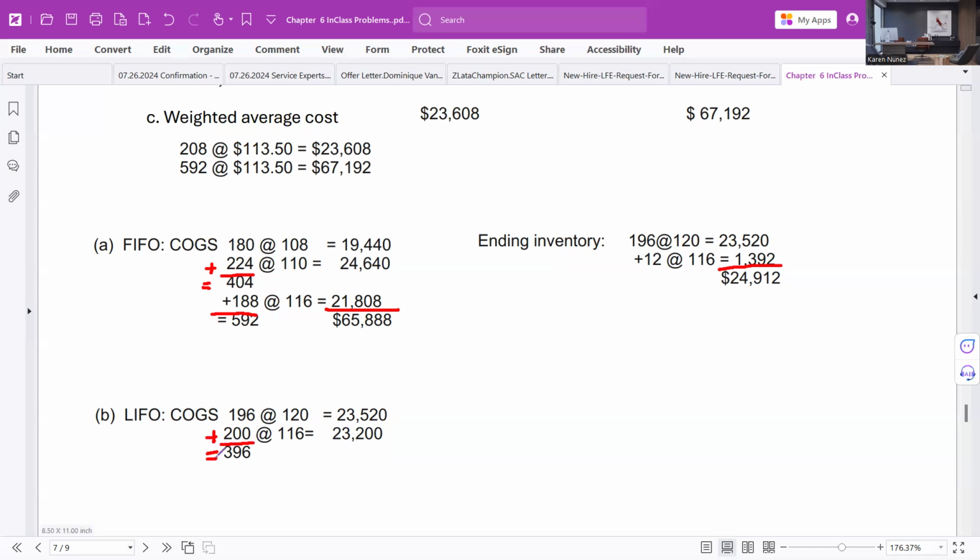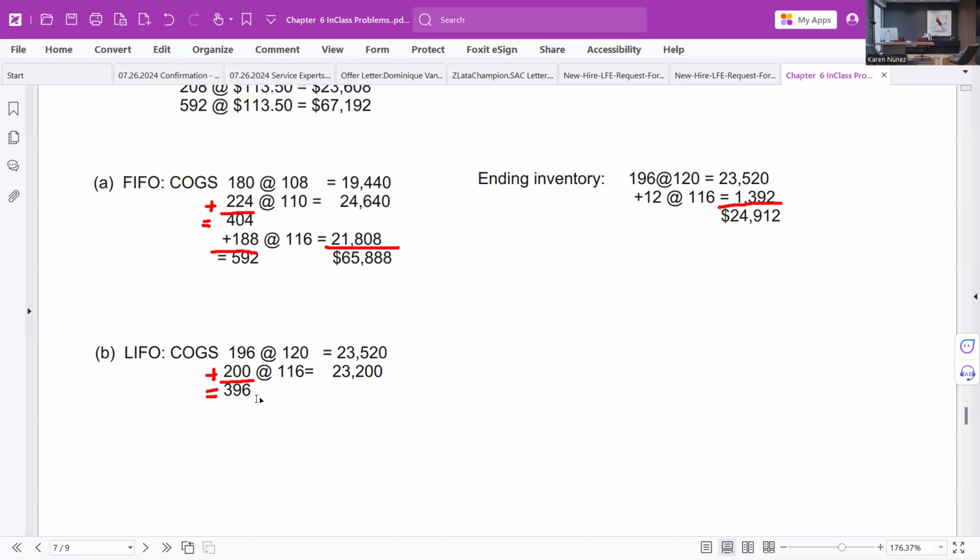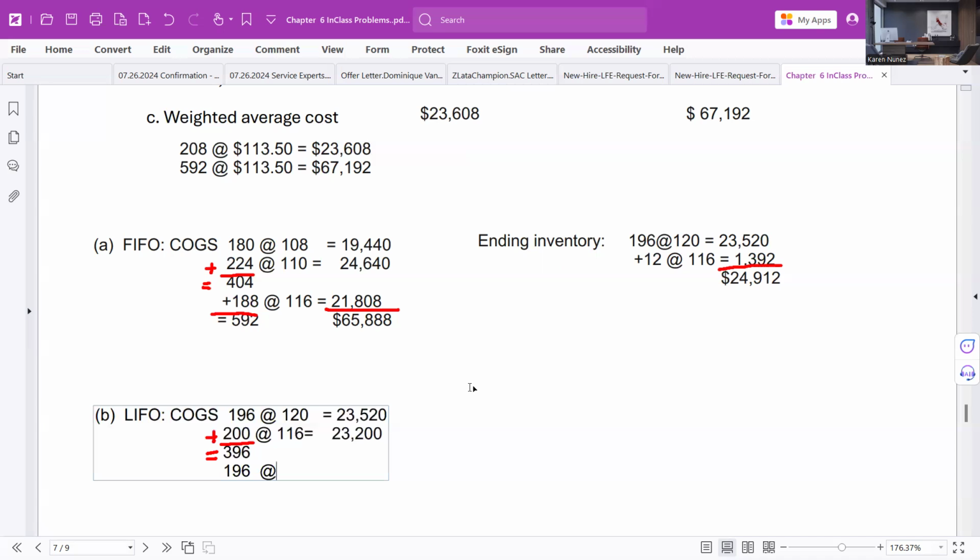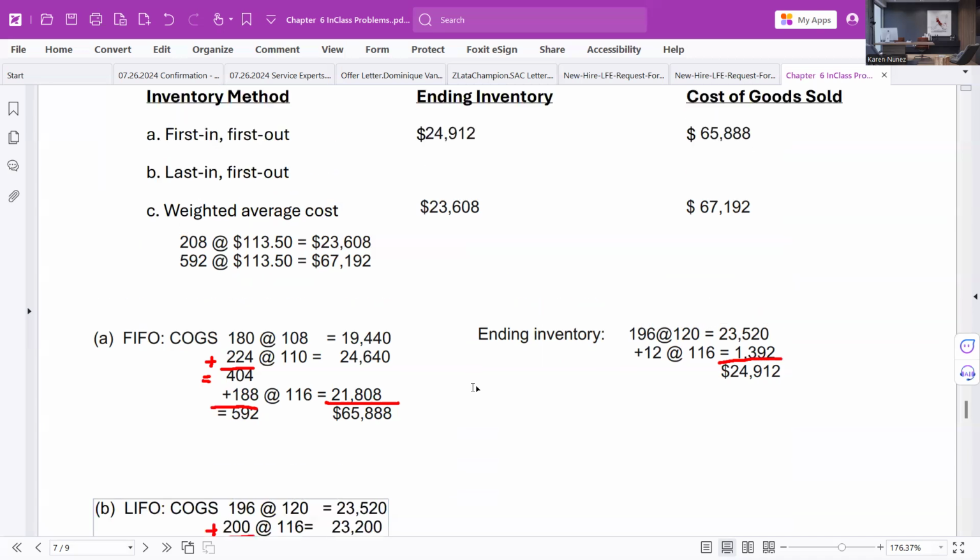But again, we sold 592 units, so we need a few more. How many more? We need 196 more, which will give us 592 units. What are those units costed at? LIFO, last in, first out.